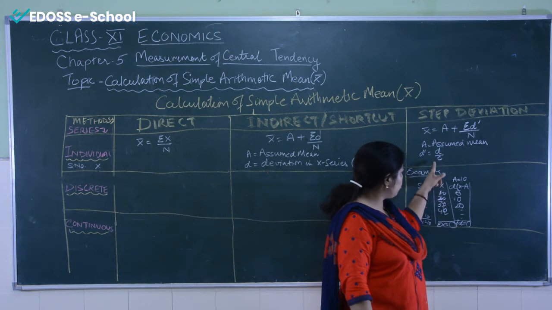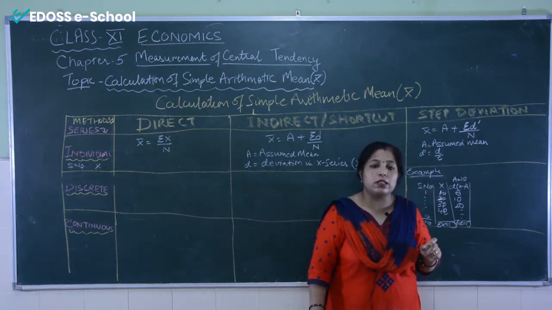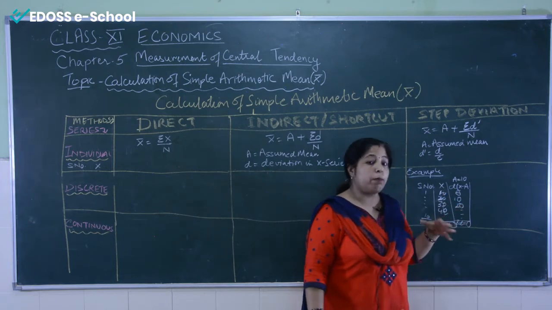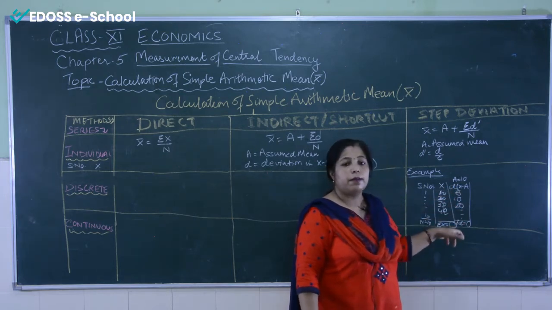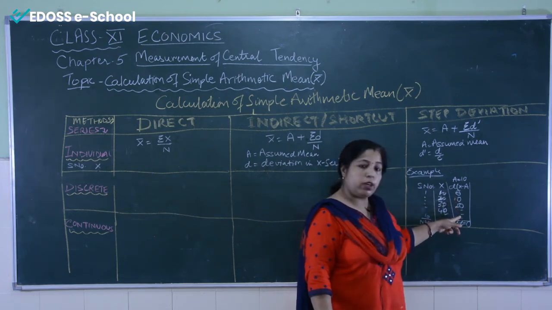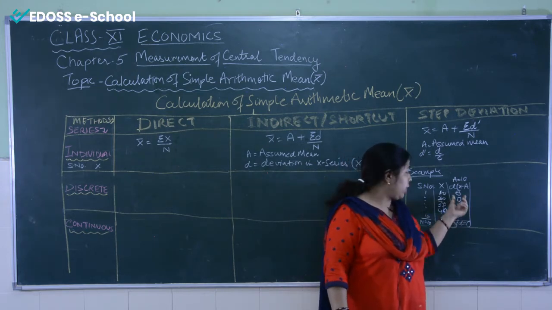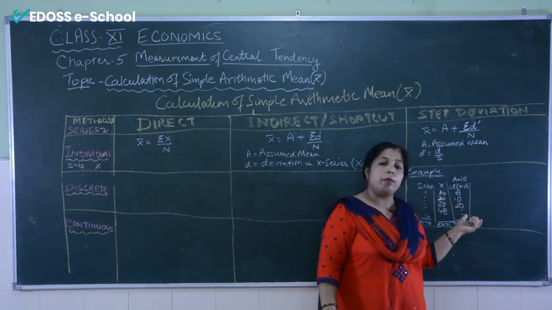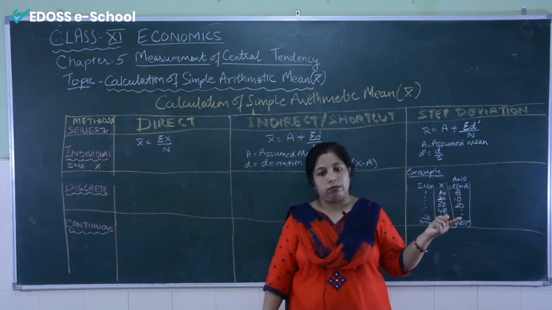Now we have to choose C. C is the common factor. Common factor is a certain number by which every number of D can be cancelled. So if the values are 0, 10, 20, 30, 40, they all can be cancelled using 10. So we can take C as 10. That is the common number. If a common number is not there, we make use of 1.